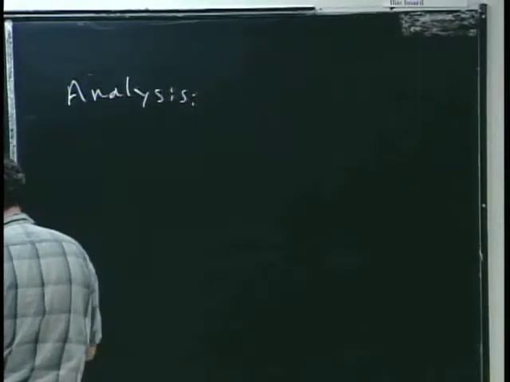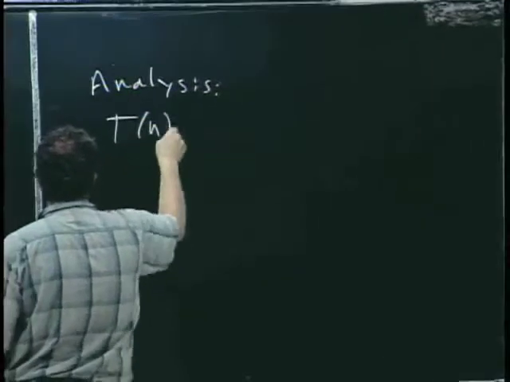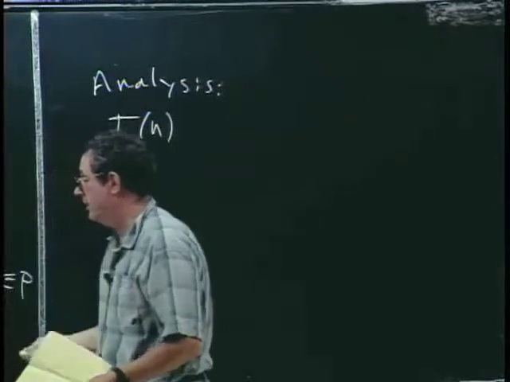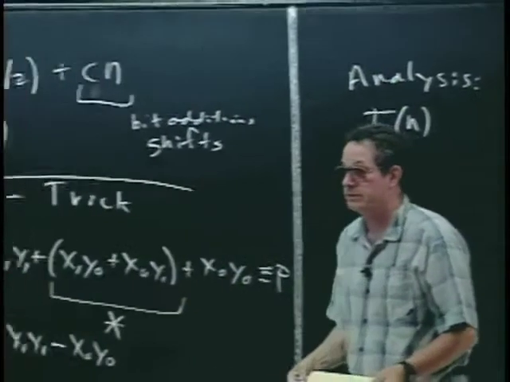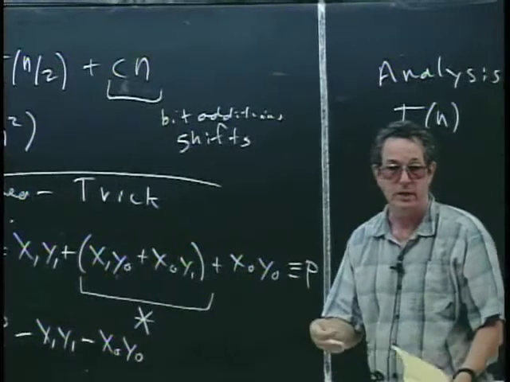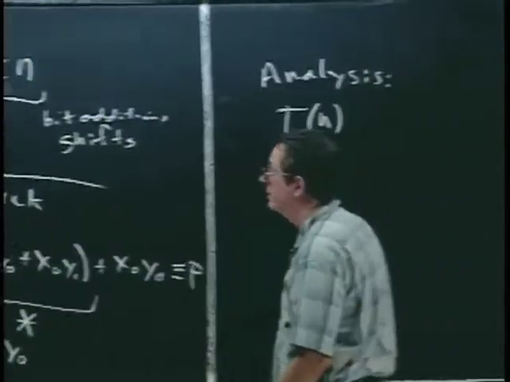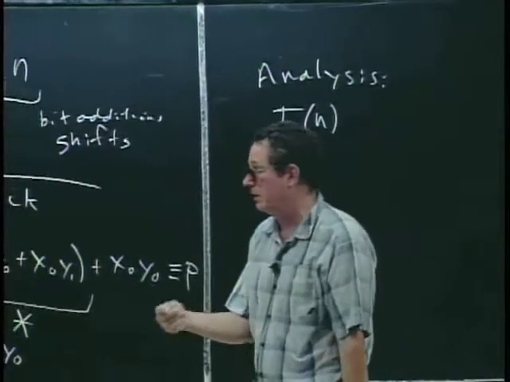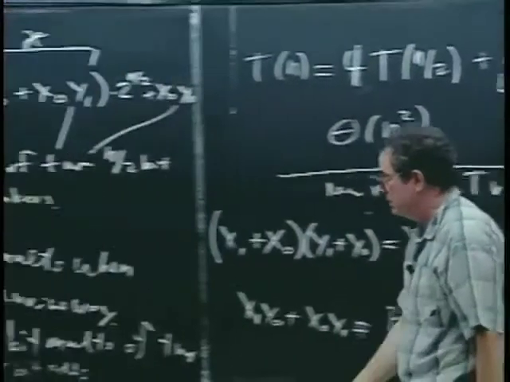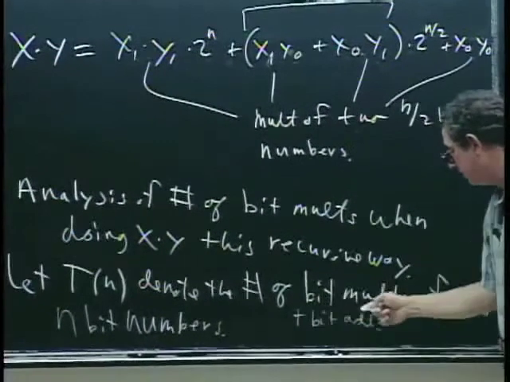Okay, so again, T of n is going to be defined as the total number of operations, multiplications and additions, that is needed if you want to multiply two n-bit numbers. So number of bit multiplications, bit adds.